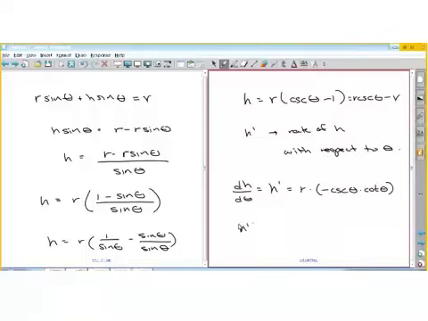And then we want to evaluate that at theta equals some value, which I'm going to look in the book again, is 30 degrees. So basically, the radius is 3960, and you have minus the cosecant of 30 degrees times the cotangent of 30 degrees.